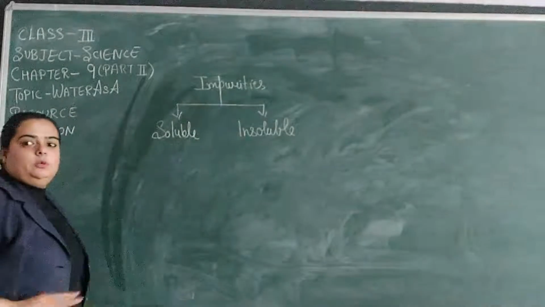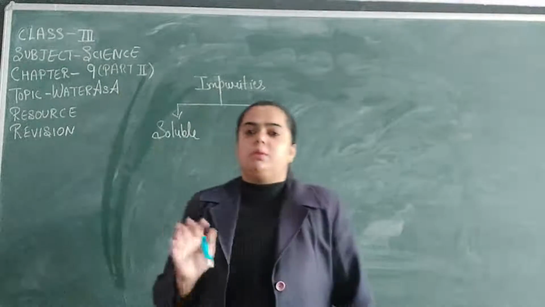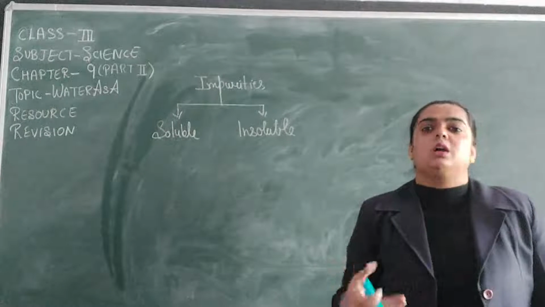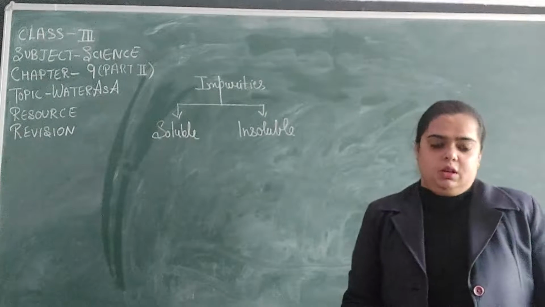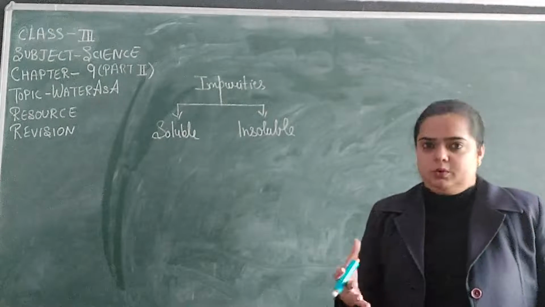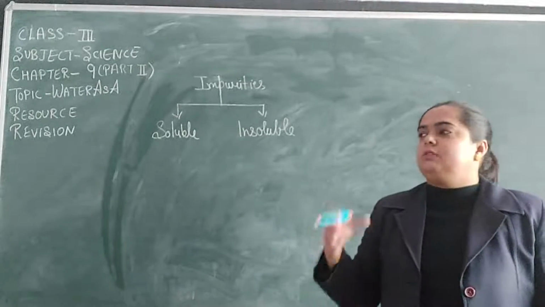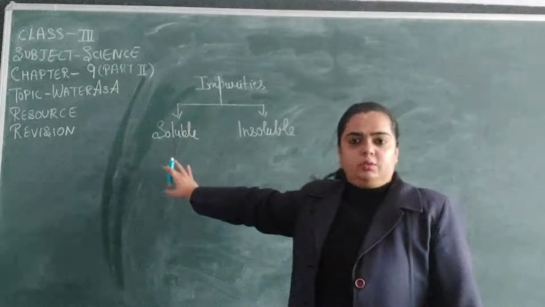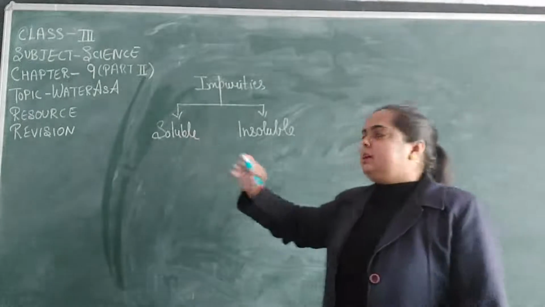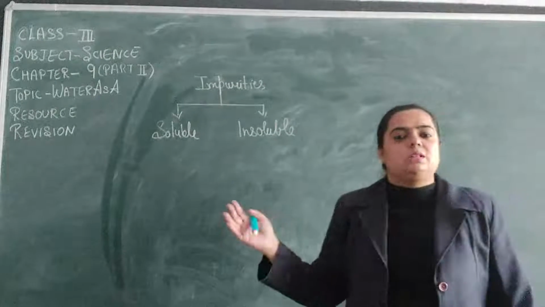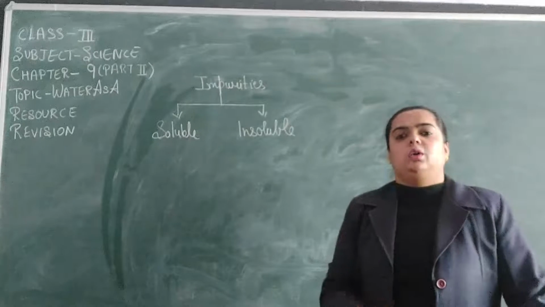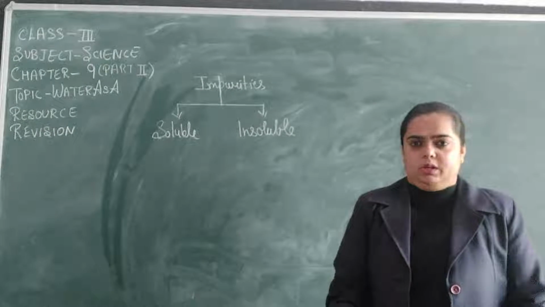Now, what is a soluble impurity? The substances which get dissolved in water are called soluble impurities. Okay? Then insoluble impurities: the impurities which do not dissolve in water are called insoluble impurities.